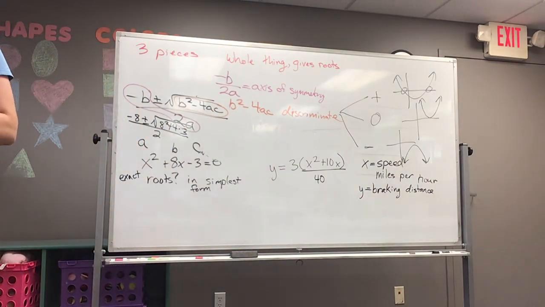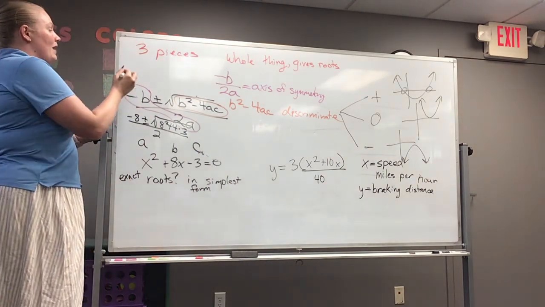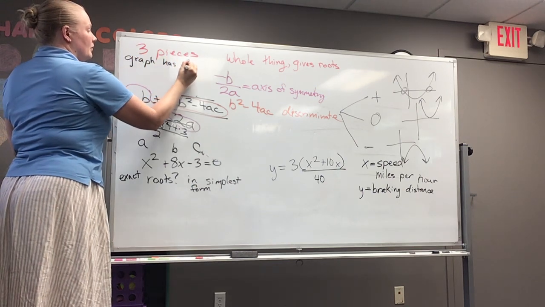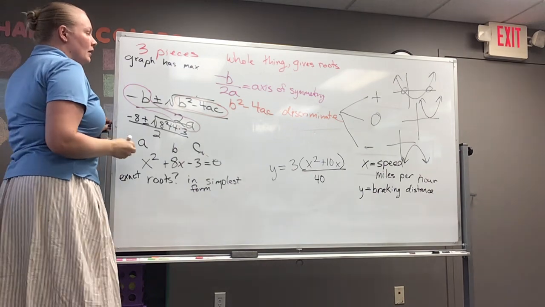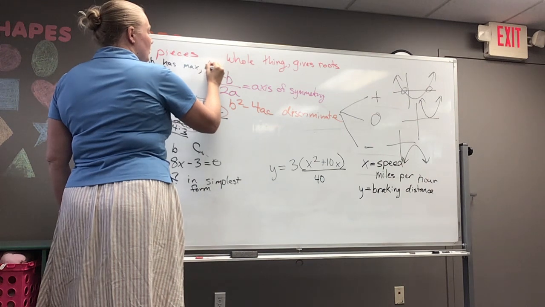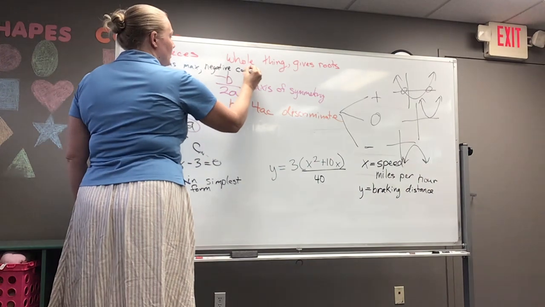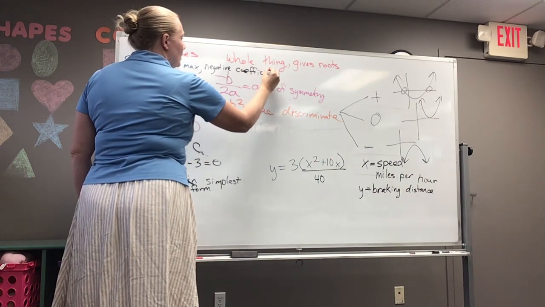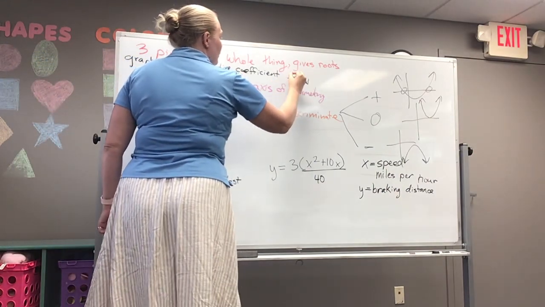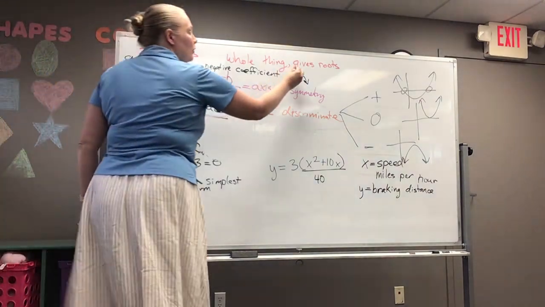Things that I would add to this if you need it at all: if a graph has a max, then the graph has that negative coefficient. I apologize for my handwriting. And it's going to be frowning.